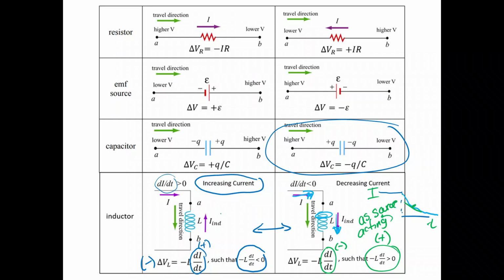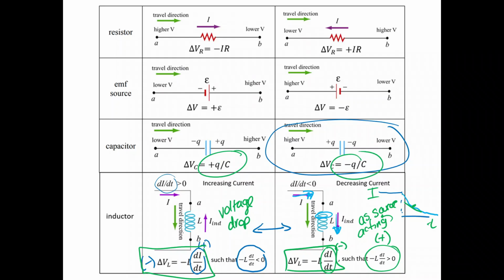Over here, it's acting as a voltage drop. But you don't actually change what you write in the circuit. It's still negative L dI/dt every single time. With the capacitor, whether you're going in the charging direction or opposite to it determines whether it's a positive or a negative.